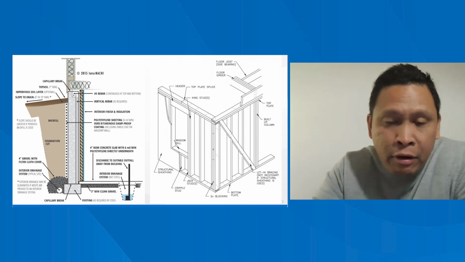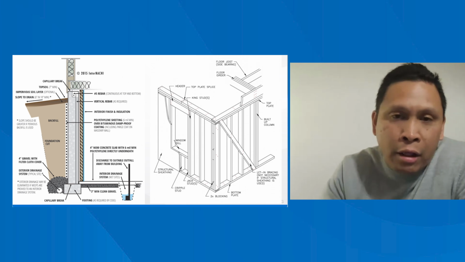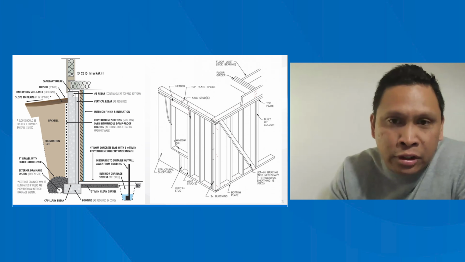So, very, very important to make sure we're able to tell the families if the grade needs to be adjusted, or if the gutters need to daylight or discharge further away from the home there.